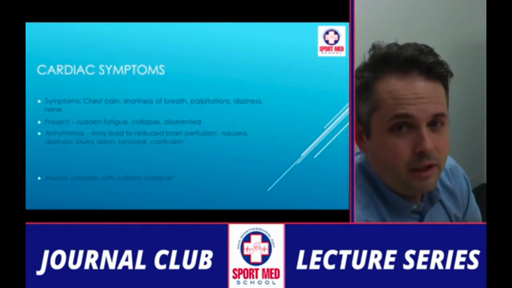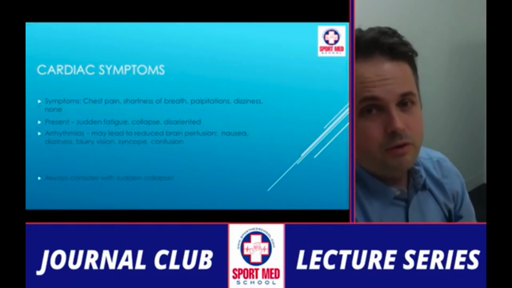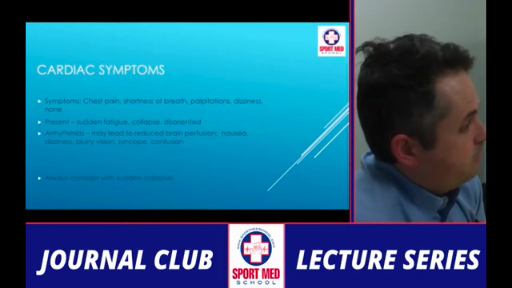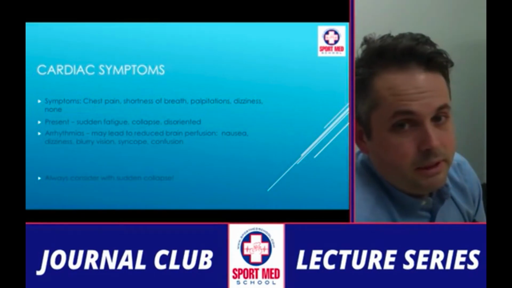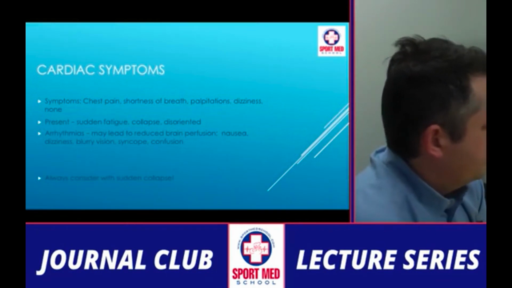In terms of the other things that can happen, in how they present, they may have sudden, profound fatigue. They may just collapse, or they may present as completely disoriented suddenly.